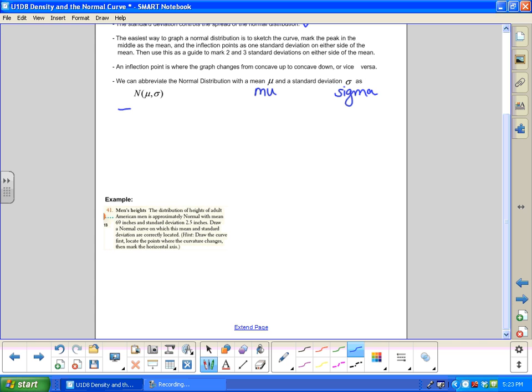Mu is a lowercase Greek m, and sigma is a lowercase Greek s. Now, we have been using x bar and s to represent mean and standard deviation. Why we have different letters here is because mu and sigma represent the mean and standard deviation for an entire population.